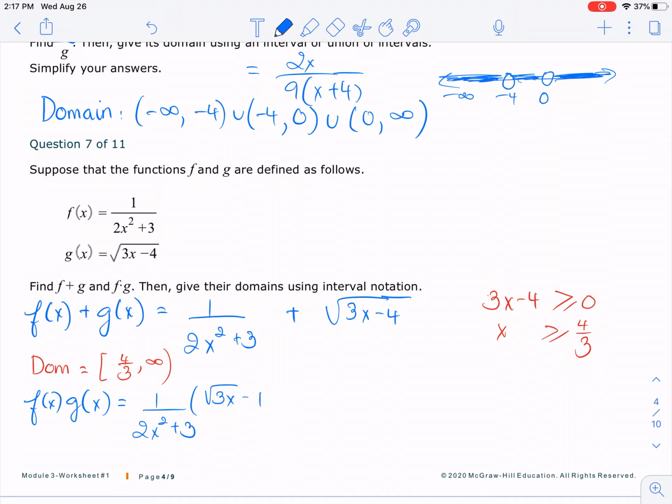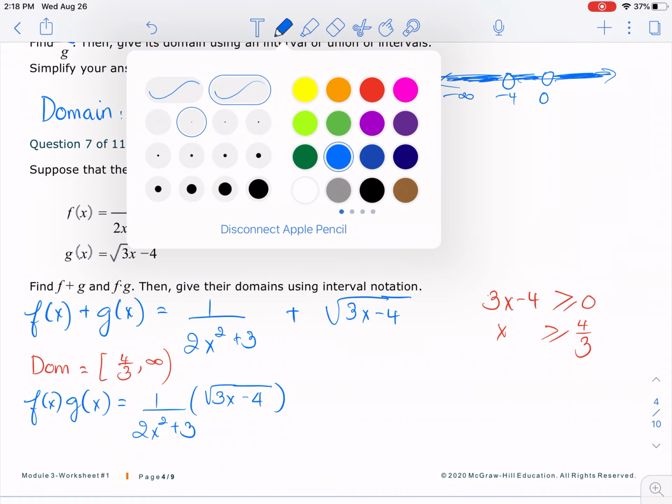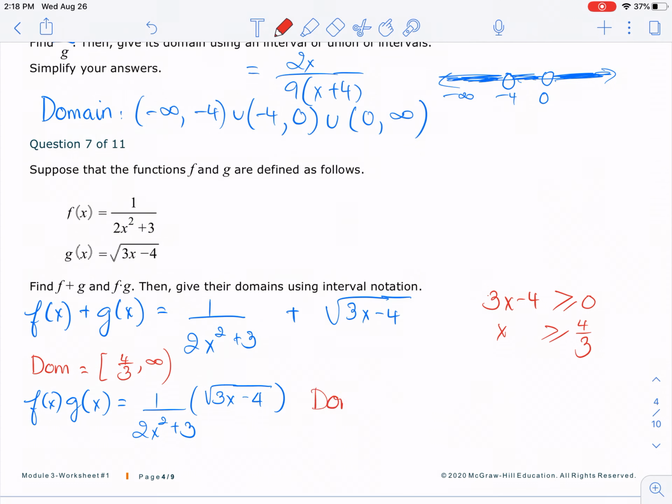That's the answer. Like I said, I can't really simplify anything. Now, what would be the domain for this one? Same thing. We do not want a negative number for the square root function. So the domain is going to be exactly the same. So domain, go from 4/3 to infinity.